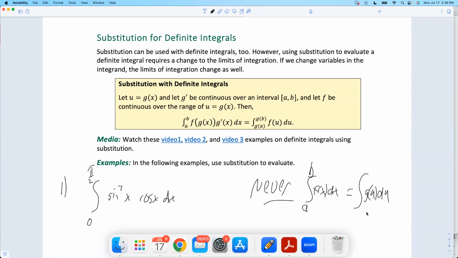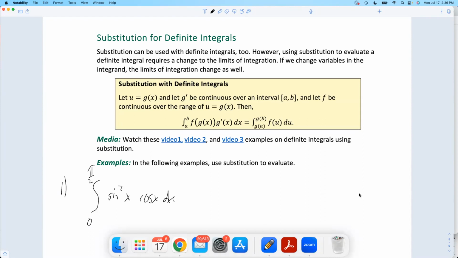Your answer is a new formula, a new function. With a definite integral, your answer is just a number. It's the area under a curve. You will never have a definite integral equaling an indefinite integral. That doesn't make any sense. So I'll show you a shortcut, but we've got to be careful how we write that up. We're going to do a bunch of side work and not put an equal sign between things that are not equal.